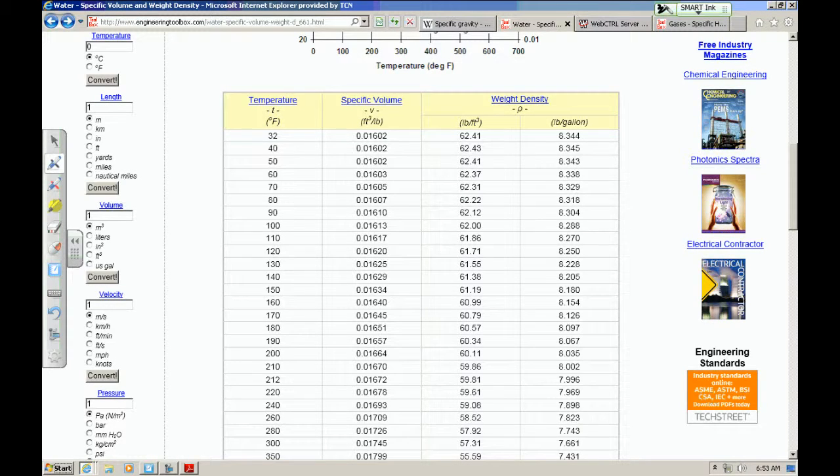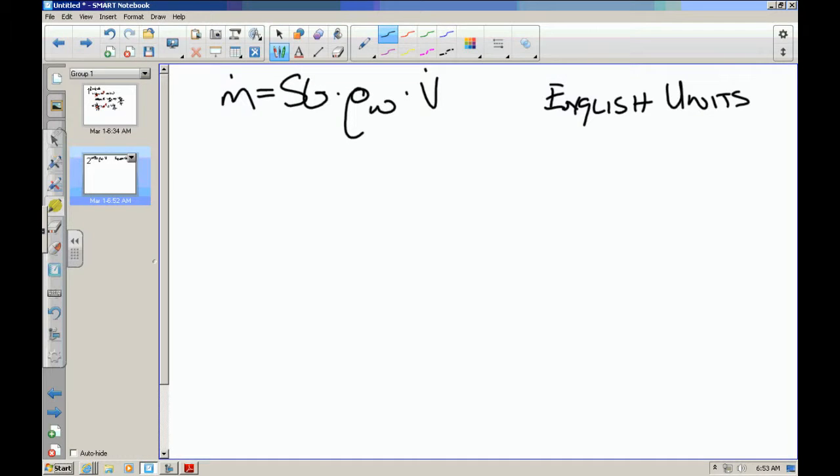I asked for it to be in English units here, and so we're going to assume we're at room temperature. It's 8.329. All right, 8.329.